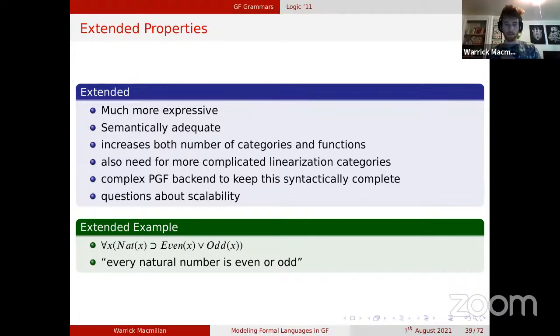And the PGF background is complicated in order to translate between the two for syntactic completeness. So there are questions about how much you can extend grammars at scale. But you can see that the same formal expression comes out to how you or I might say it to a stranger: every natural number is even or odd.